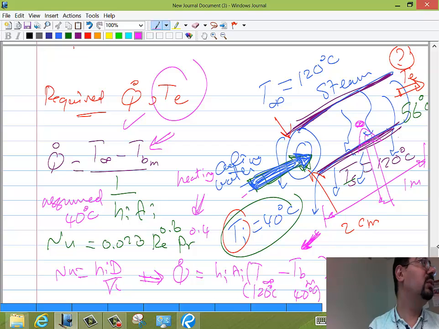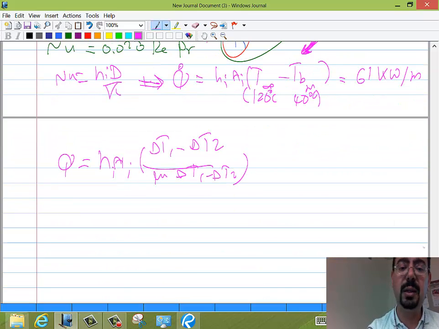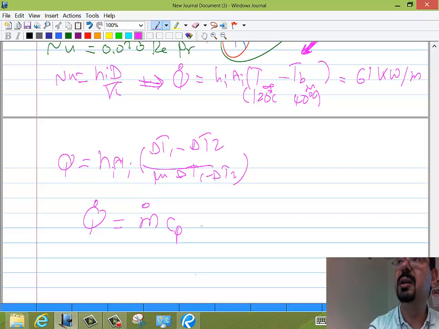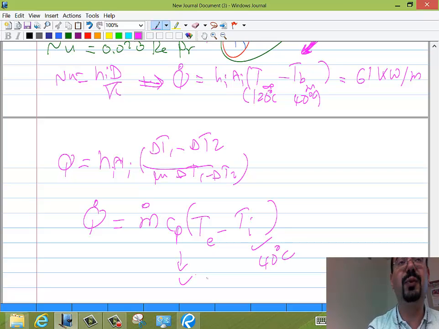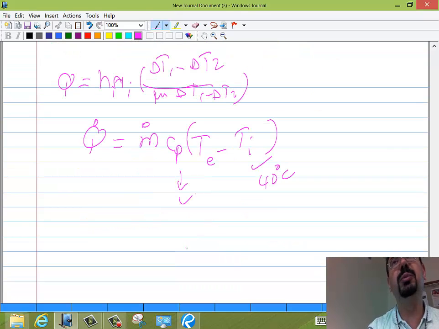Those Q are going to the water. They will heat the water. They will increase the energy of the water. And therefore, it is m dot Cp delta T of the water, T exit minus T inlet. You know T inlet is 40 degrees. You know Cp, you get this from the table. Table at what temperature? At the assumed average temperature. The T bulk mean that you are assuming.